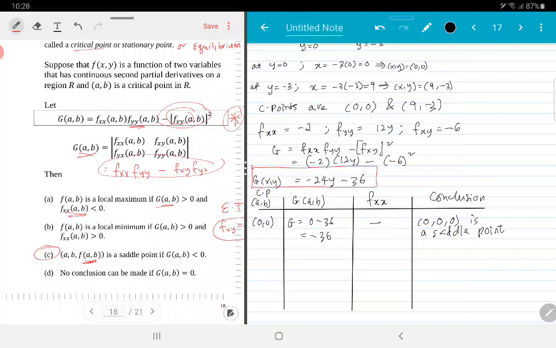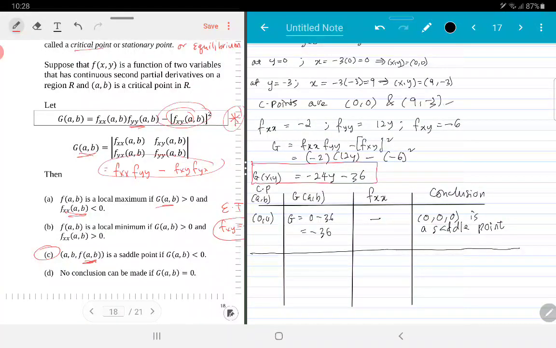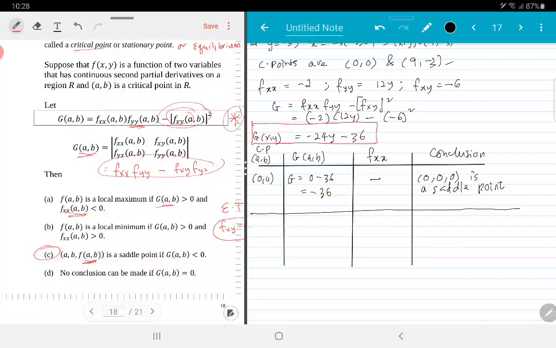Then we're going to check the second critical point, which is 9, negative 3. Now we need to check g.